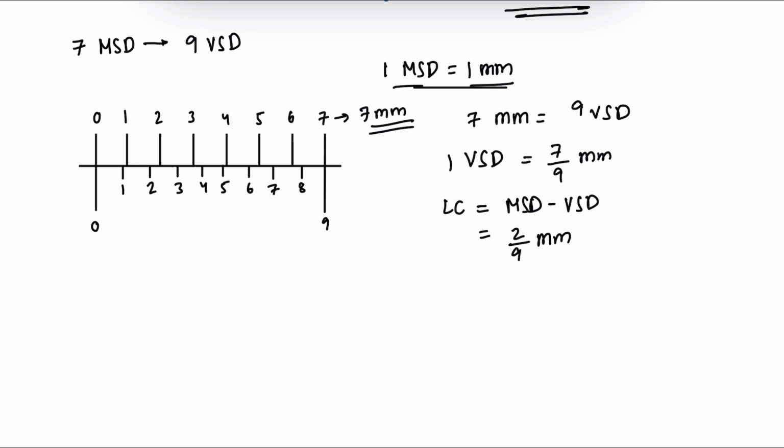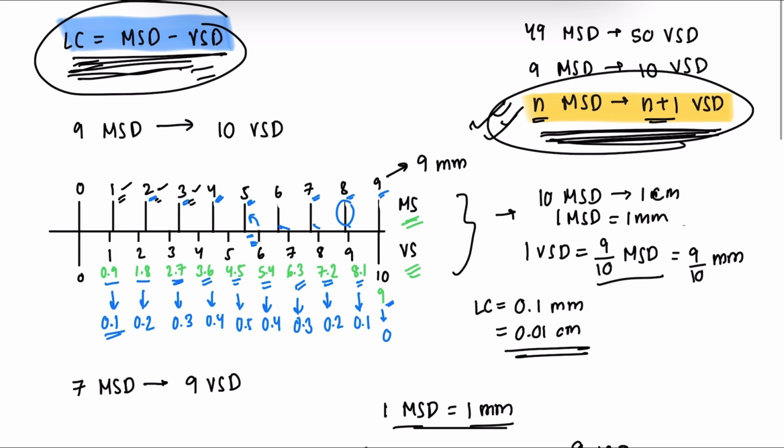Okay. Oh, also another note. This value right here, MSD minus VSD. In the case of n MSD coinciding with n plus 1 VSD, it's called the least count, but generally this value of MSD minus VSD is called the Vernier constant. So this is actually called the Vernier constant.